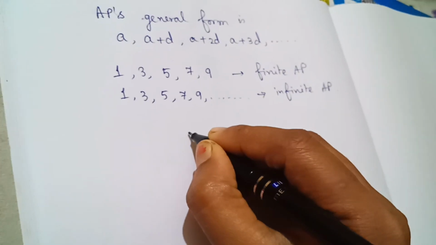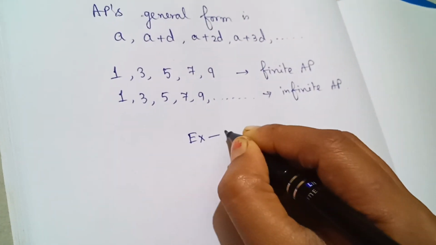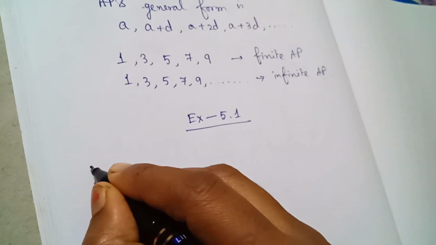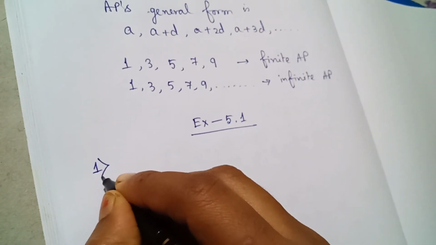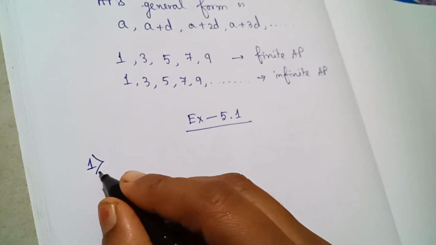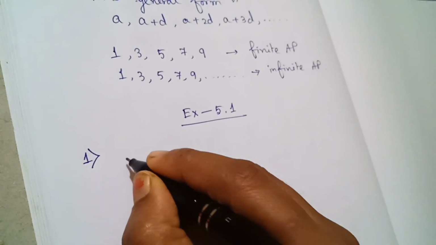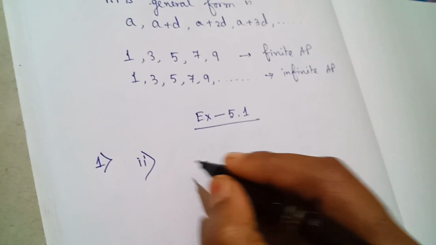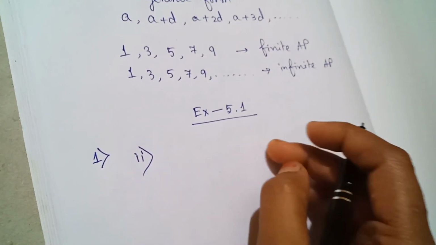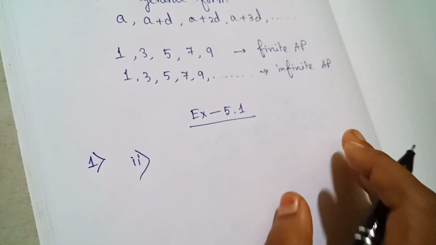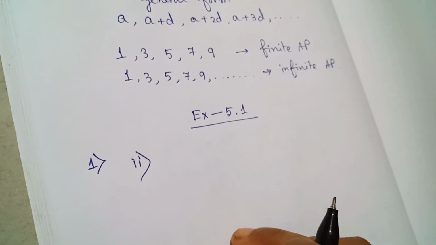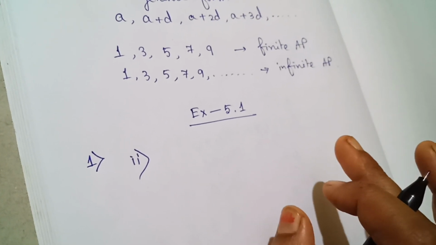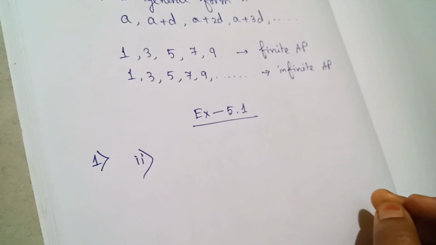So now we will move on to our first exercise, that is exercise 5.1. In question number 1 there are 4 different questions. I am picking number 2. What you have to do is, first the words given must be converted into a sequence, and then you have to check whether that sequence is an AP or not.